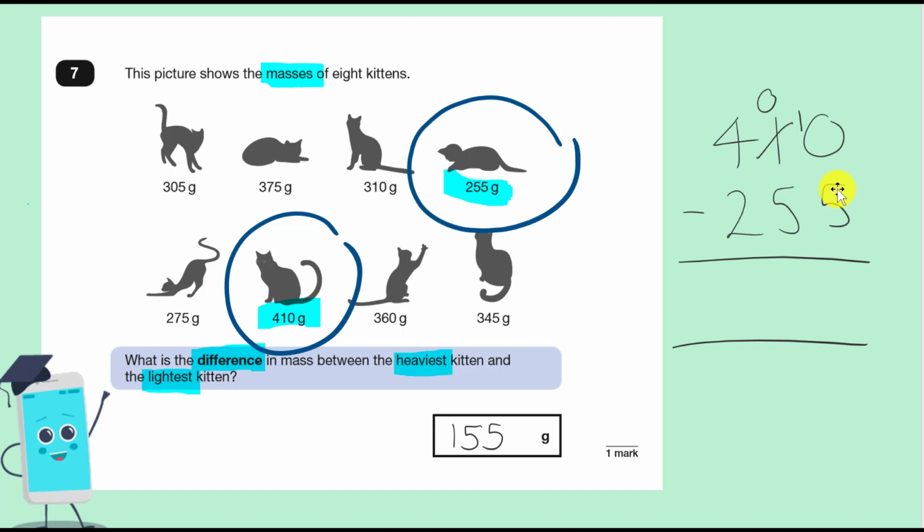I've now got 10 take away 5, which is 5. Now again, I can't do 0 take away 5, I need to borrow. That's going to become a 3, and I put my 1 there. 10 take away 5 is 5, and 3 take away 2 is 1. You can see I have exactly the same answer. My answer is 155 grams.